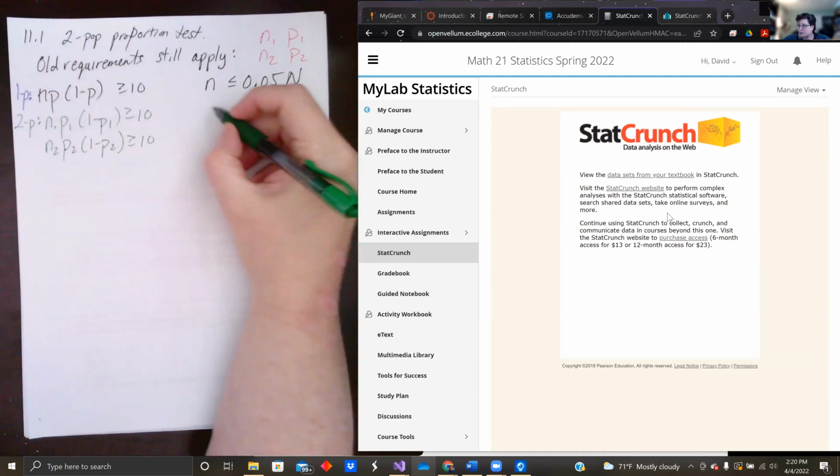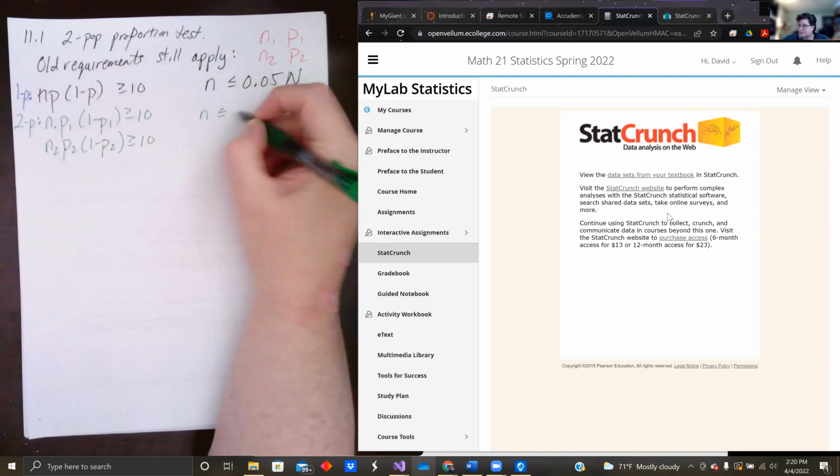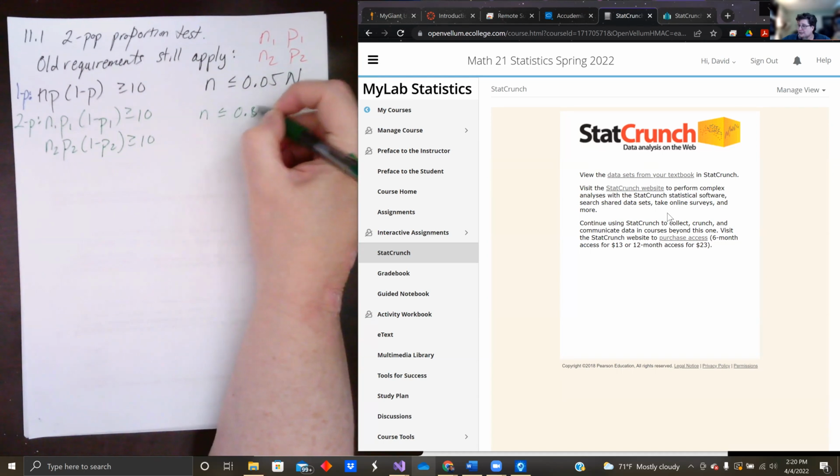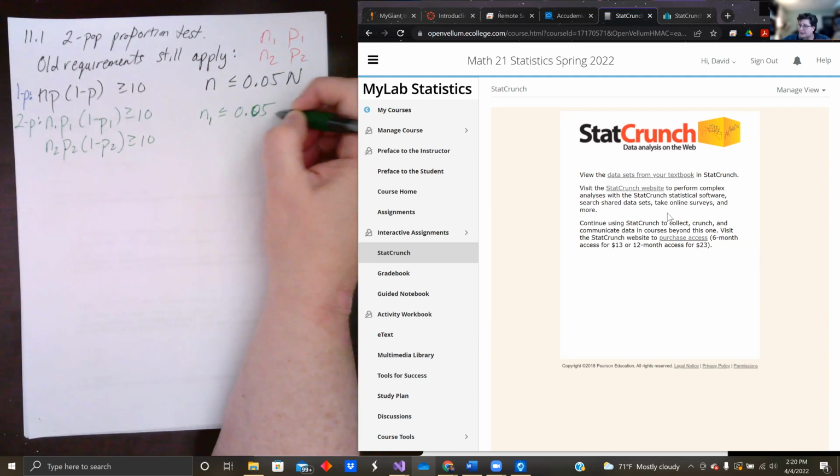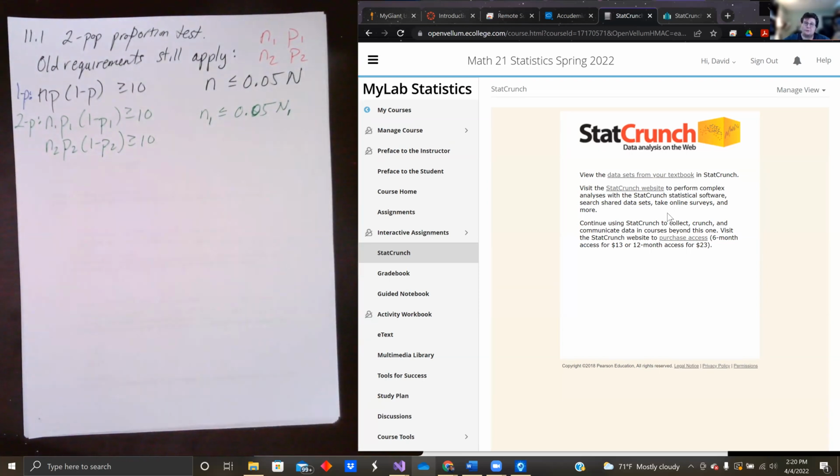And both sample groups need to be less than 5% of the population. In case they're different populations, like if we count men and women in separate groups, then the populations should be separate too. So we have a big N1 and a big N2.